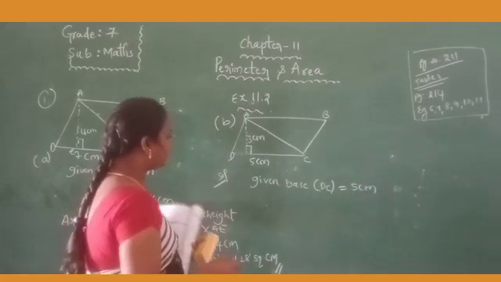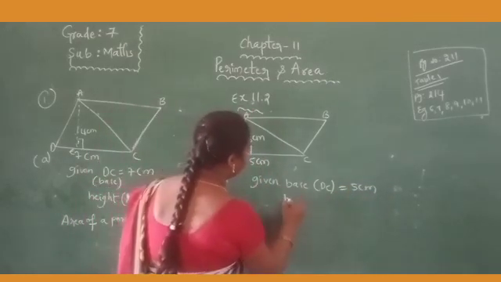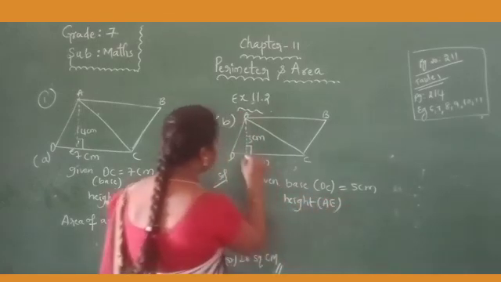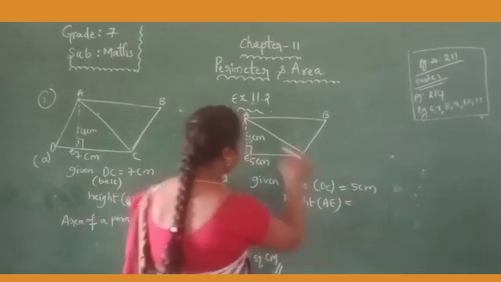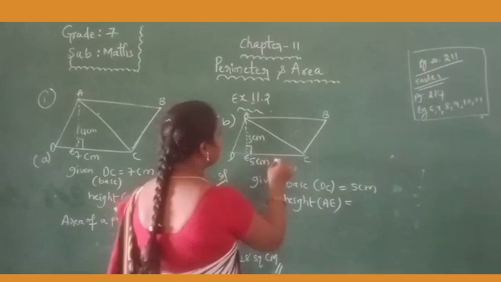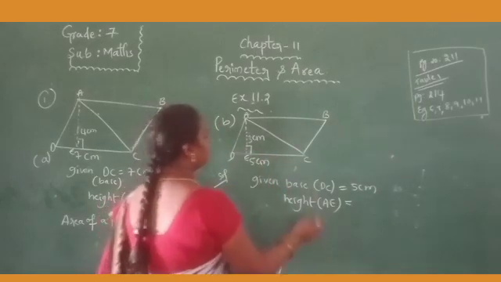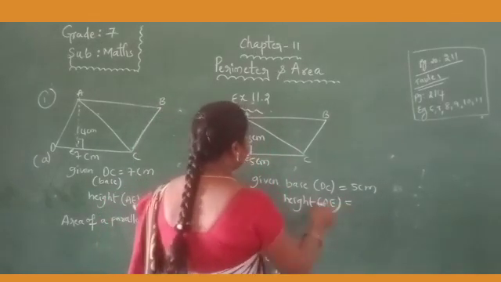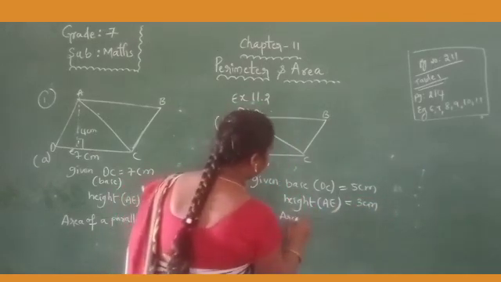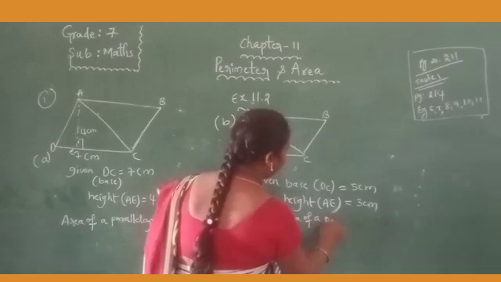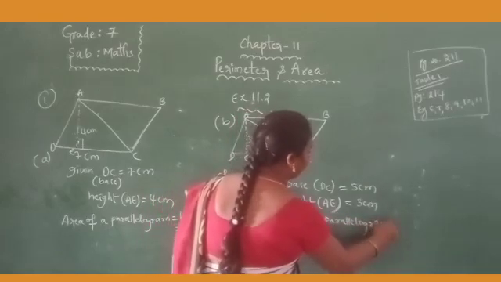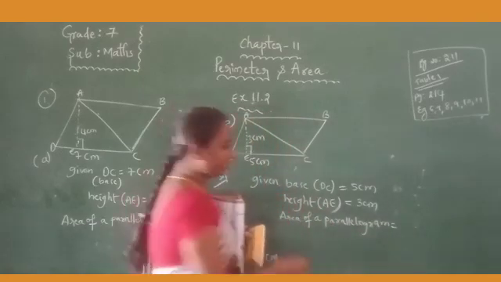Now base is 5 centimeters and height is AE. You can give any name, ABCD, or otherwise you can give any letter. Right. So AE is 3 centimeters. Now area of a parallelogram is equal to base into height.